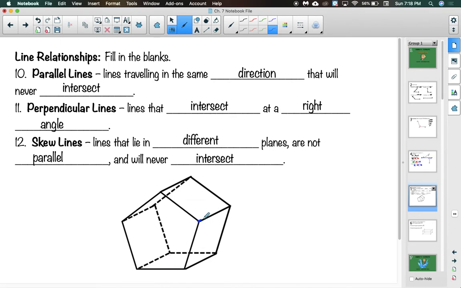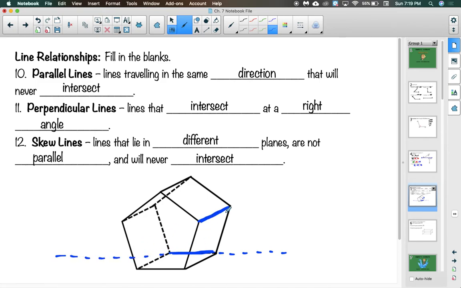So let's talk about this line right here. This line or line segment right here. And then we'll talk about this line segment right here. So, see how they're not traveling in the same direction. They're definitely not parallel, but they're also never going to intersect because this line segment here, if we continued it forever and ever and ever, it would keep going in both directions in the back of that prism.